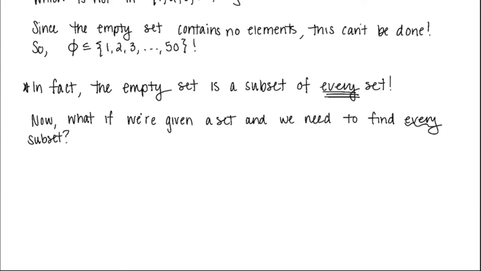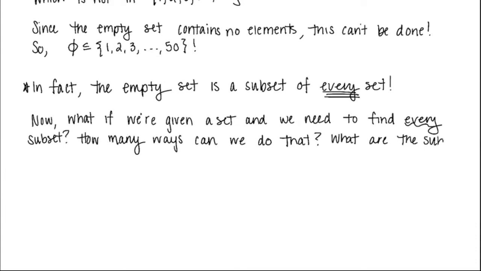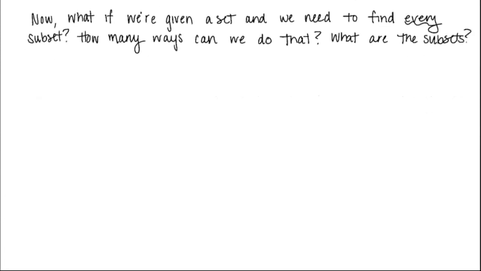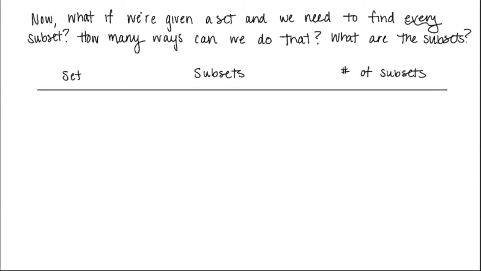How many ways can we do that? And what are the subsets? Okay. So I'm going to actually build a chart where we're going to look at the set itself. We're going to list all of the subsets, and we're going to figure out what that number of subsets is. And we'll see if we can find some type of generalization for this.